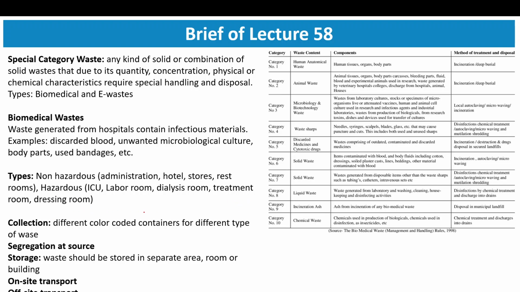So different color coding is provided so that, depending on the type of waste you are generating, you dispose of it in the respective container. Now, there are rules prevailing, and we can follow those rules efficiently so that we have the least impact further, right?